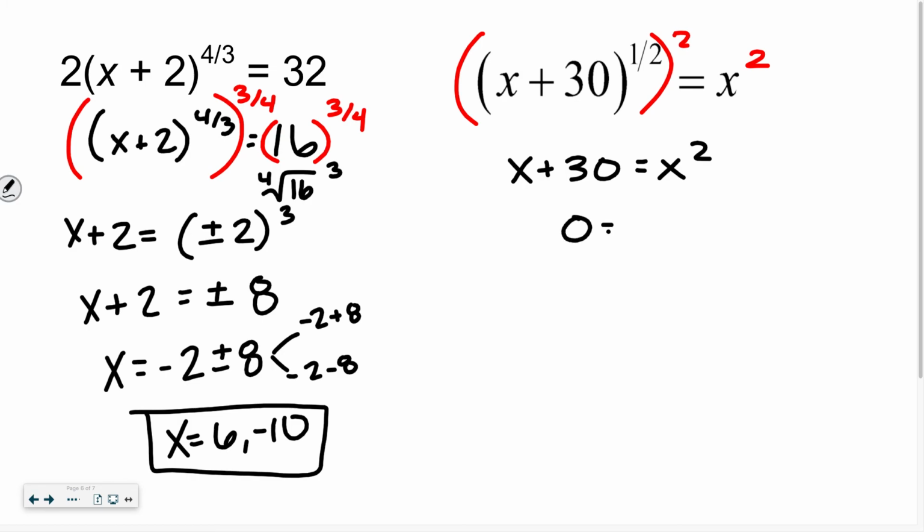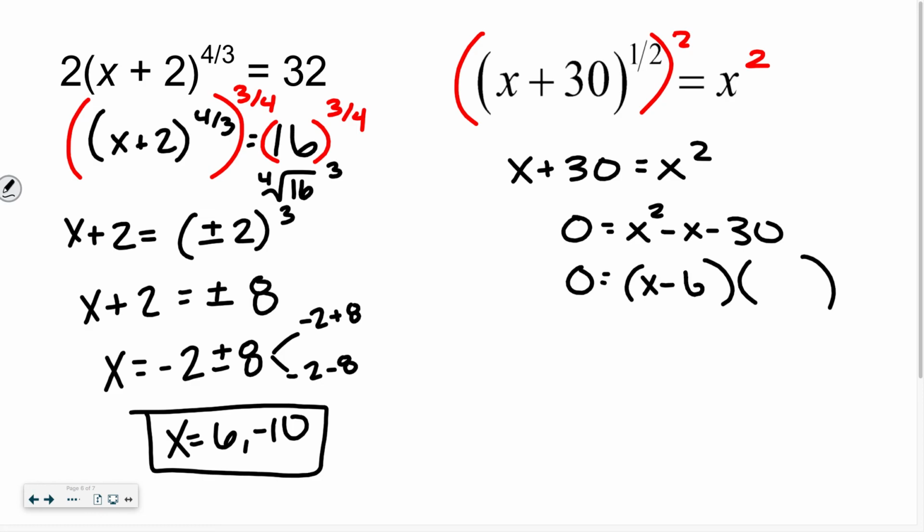So I'm going to do 0 equals x squared minus x minus 30. Do you have factors of 30, negative 30 that add to make negative 1? Minus 6 plus 5. So x equals 6 and negative 5.